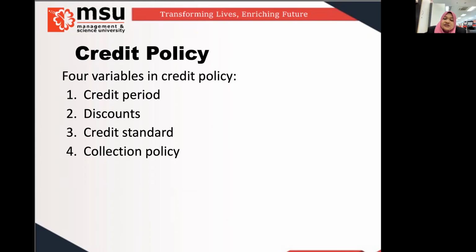So the collection policy will be used if the customer delays paying you cash. You have the deadline. For example, the credit period might be 60 days, but after the 60 days the customer is still not able to pay you cash.